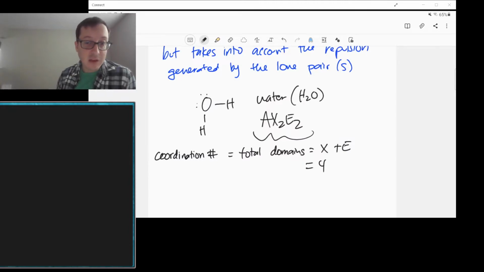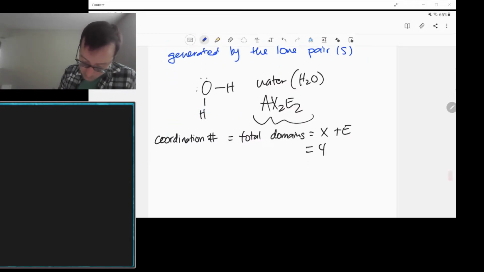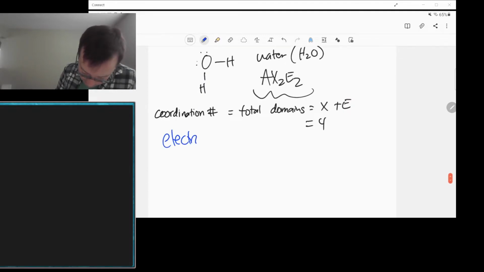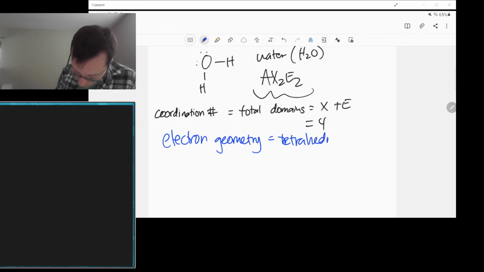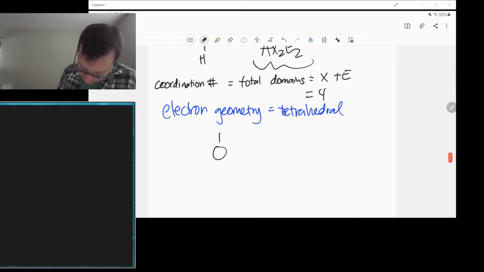If we consider methane, CH4, categorized as AX4, it also had a coordination number of 4. Electronically speaking, the electron geometry is going to be tetrahedral for water. And so, really, it might be better for us to instead draw it like this.